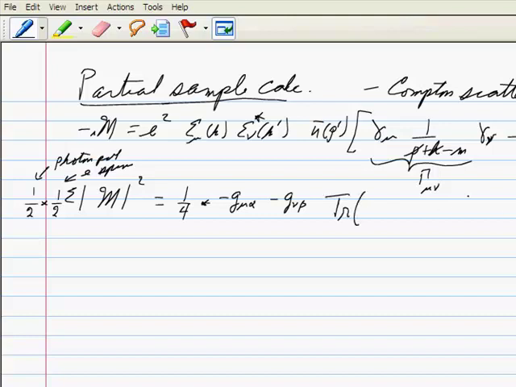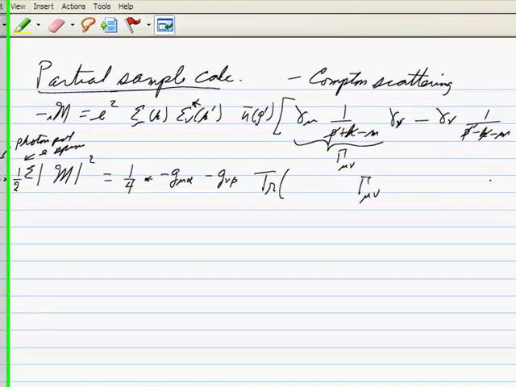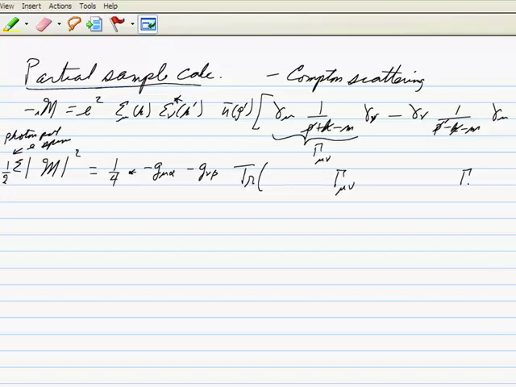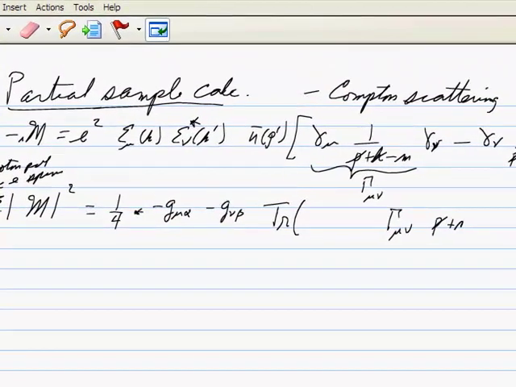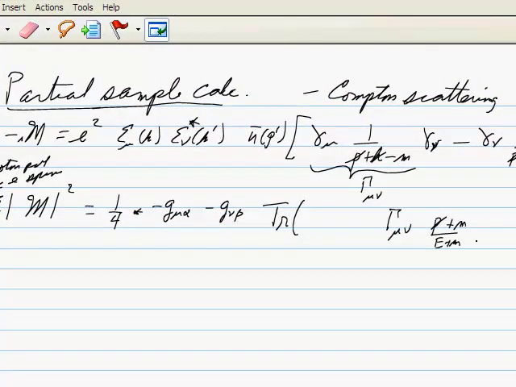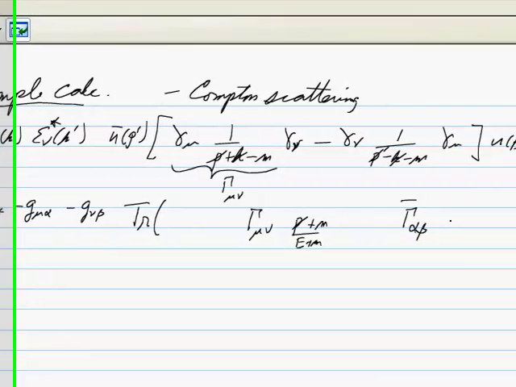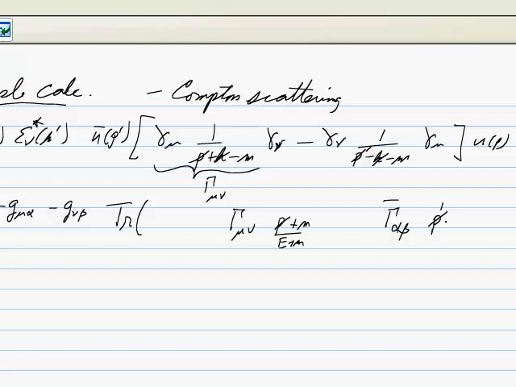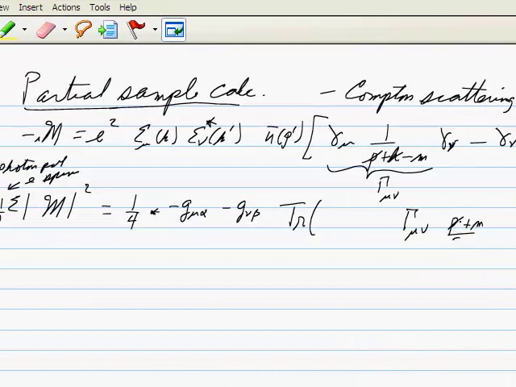I'll have a fermion trace. I'll have gamma mu nu from that, and over here I'm going to have gamma alpha beta barred, the barred one. Here sits p-slash plus m over 2e from that polarization sum. Over here sits p prime slash plus m over 2e prime from that.